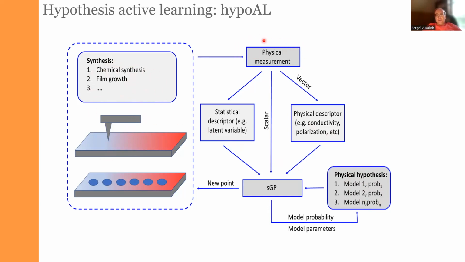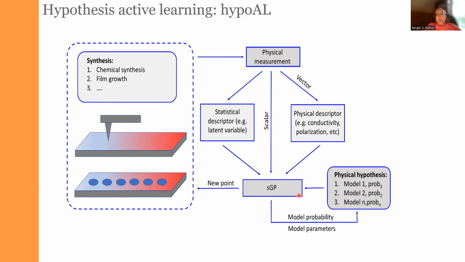The result of this experiment is a physical measurement. And for simplicity, we can assume that the measurement just gives us a single scalar answer. So what we can do is to send this answer to our structured Gaussian process model, which is also informed by the list of possible hypotheses, meaning the models that can describe the system behavior.